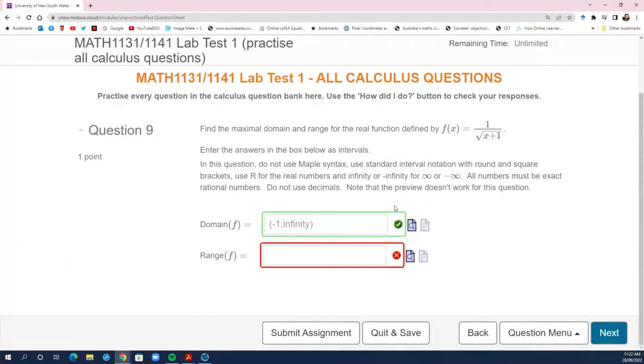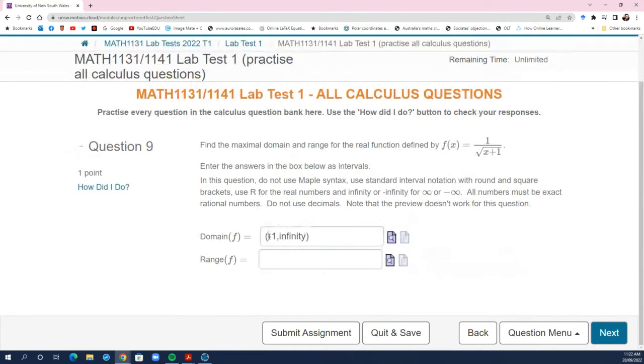Okay. Now, why can't I include x equals -1? Does anybody know? Why is it a round bracket and not a square bracket there?